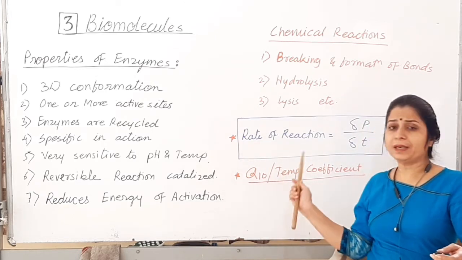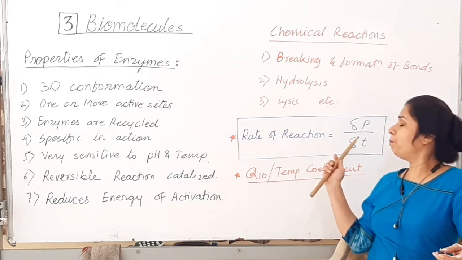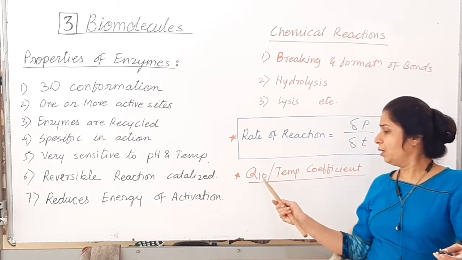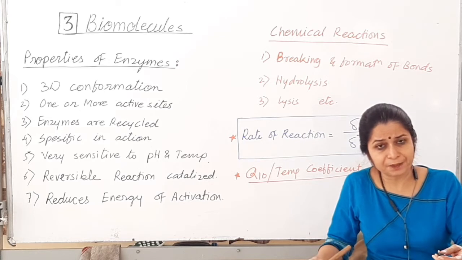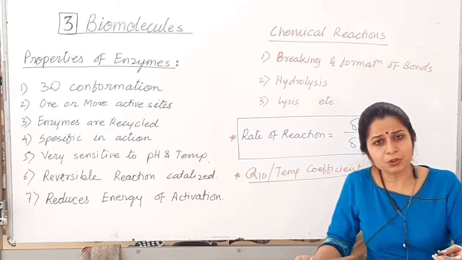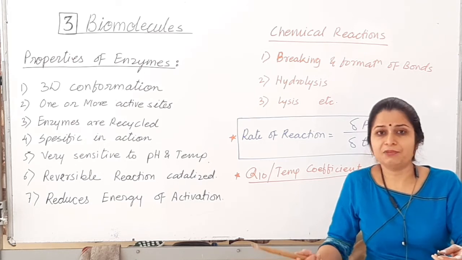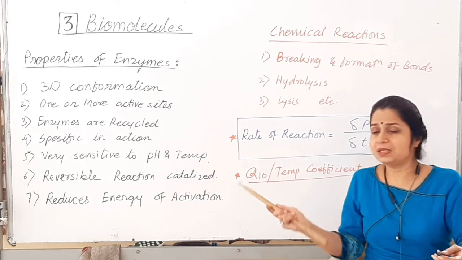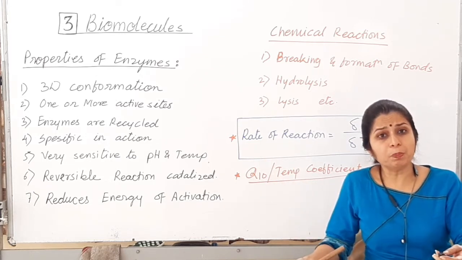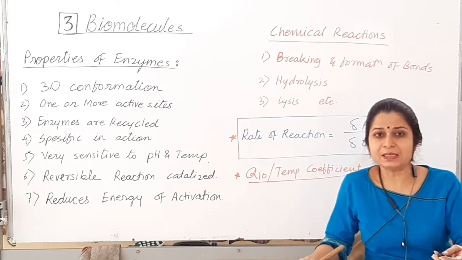Rate can be calculated by this delta P upon delta T, and if you raise or decrease the temperature by 10 degrees centigrade, the rate will be doubled. If the temperature is reduced by 10 degrees centigrade, rate will be reduced to half. Okay, so these are the basic properties or the way the enzyme work.